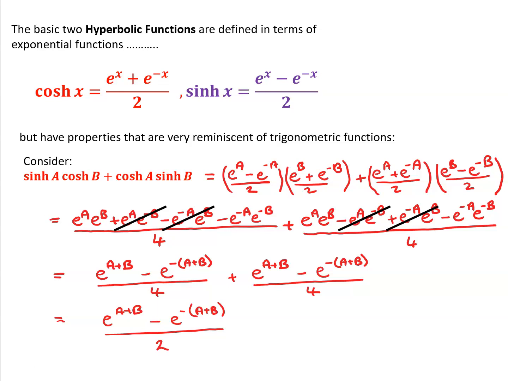Now we know that e to the x minus e to the minus x divided by 2 is equal to sinh x. So e to the a plus b minus e to the minus a plus b over 2 is just going to be sinh of a plus b. So we've got sinh a cosh b plus cosh a sinh b is equal to sinh of a plus b.